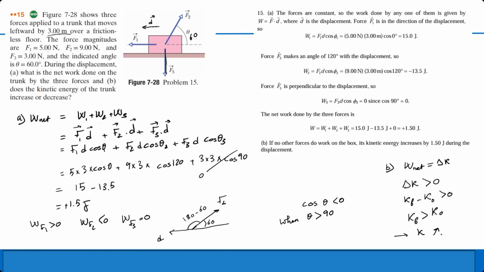So I simply looked at the sign and knew that the kinetic energy of this trunk is going to be increasing. So this trunk feels a force opposing its motion and a force supporting it, but the net work is positive. So the net motion of this trunk is in the positive direction, and the net work is supporting the motion, it's not resisting it.